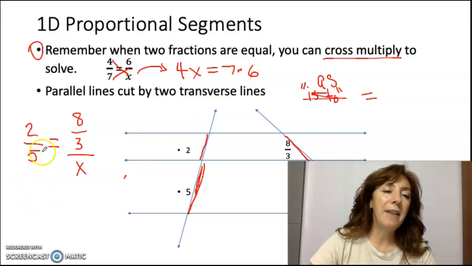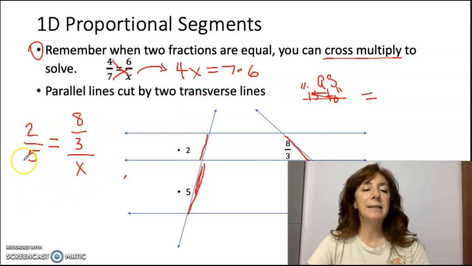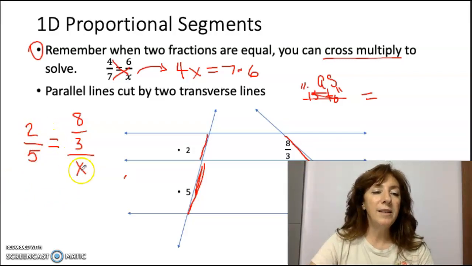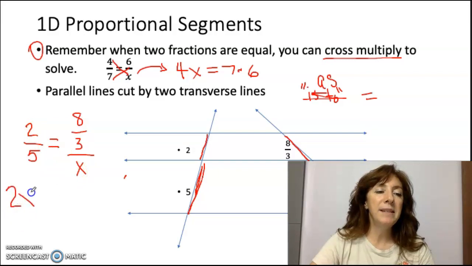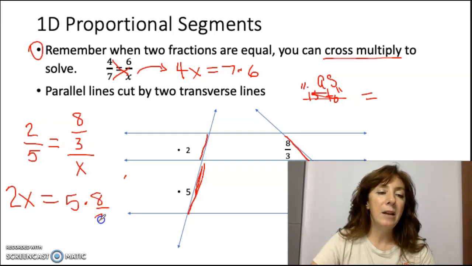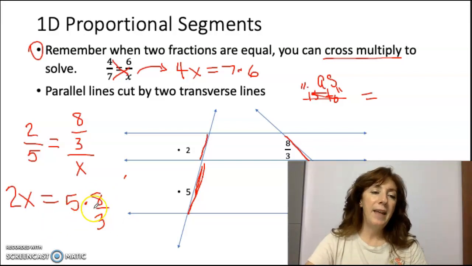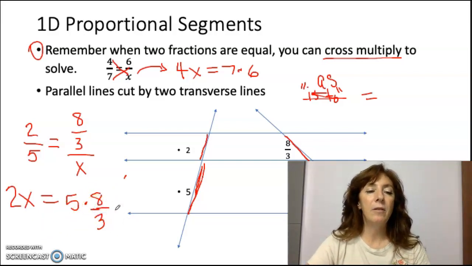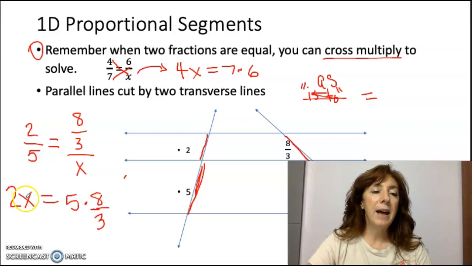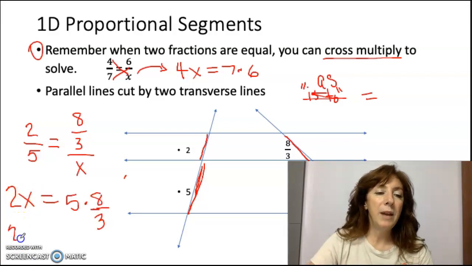Come over here to the left. Let's use that same idea to solve this. We're going to cross multiply across the equals. 2 times x equals 5 times 8/3. That looks a whole lot easier to solve. So I would have 2x equals 40/3, and I would multiply by the reciprocal.